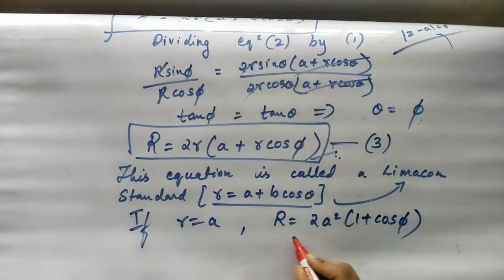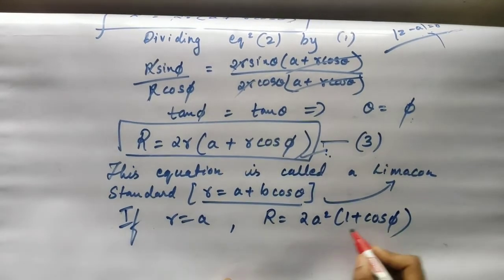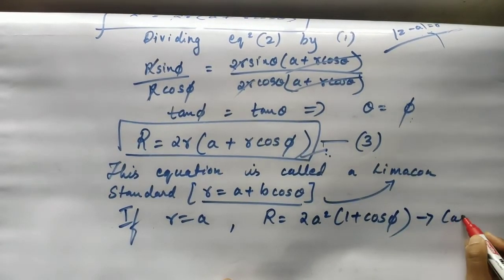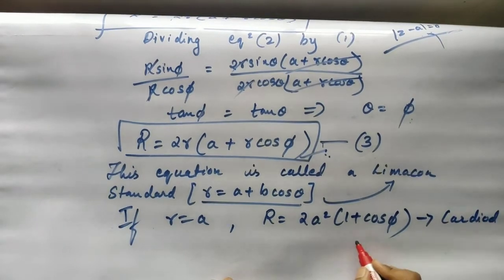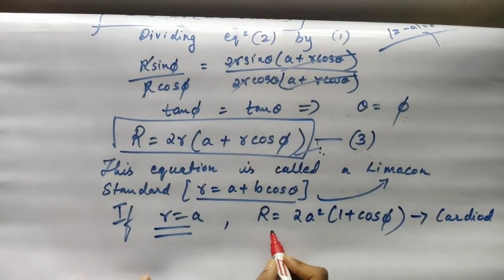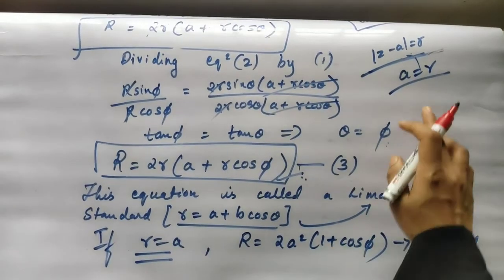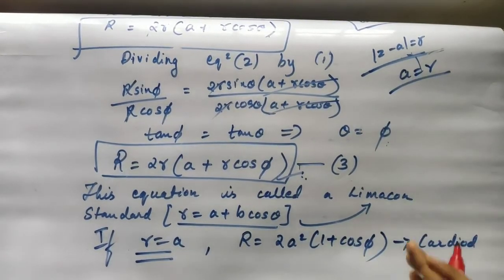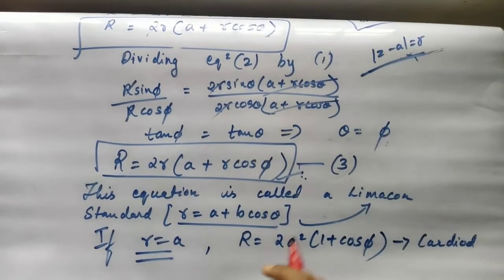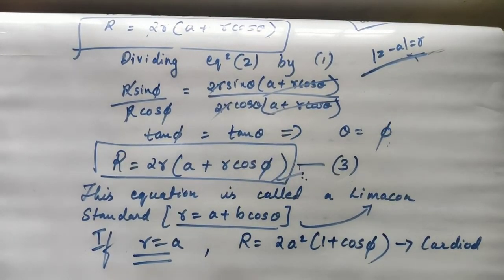Now this represents what? You have learned this equation before. This is nothing but a cardioid. In particular, if r is equal to a, then the circle is transformed to a cardioid. So that should also be remembered.